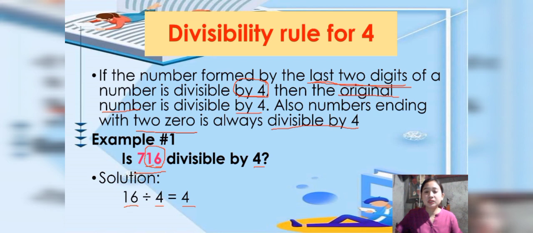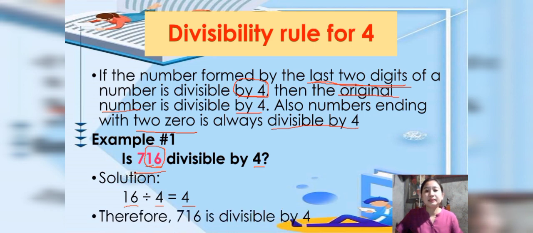There is no remainder, so meaning to say 16 is divisible by 4. Therefore, 716 is divisible by 4. This is the original number, 716, so this is divisible by 4.